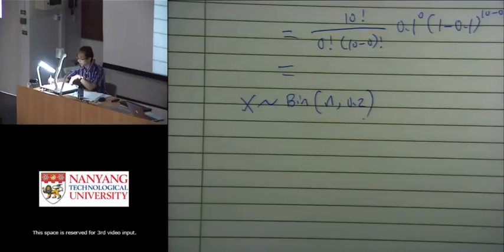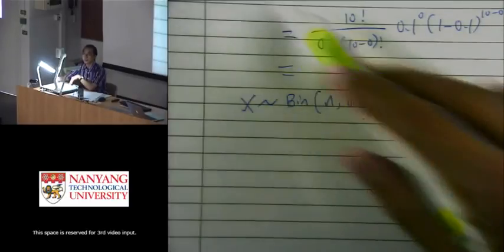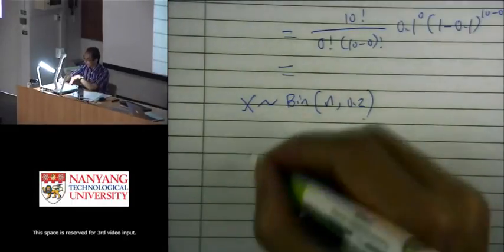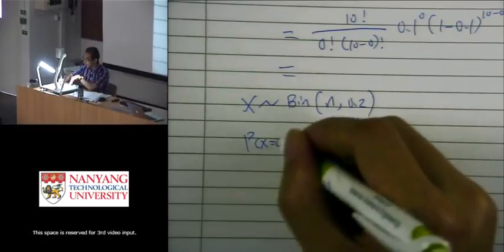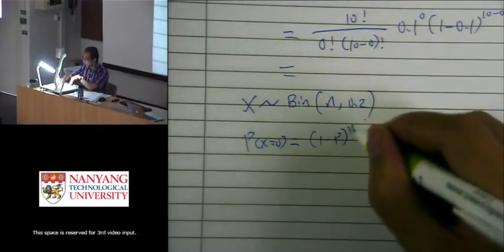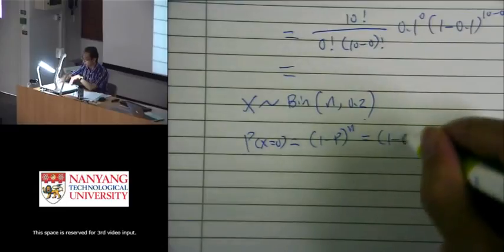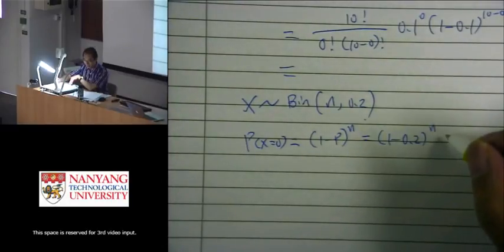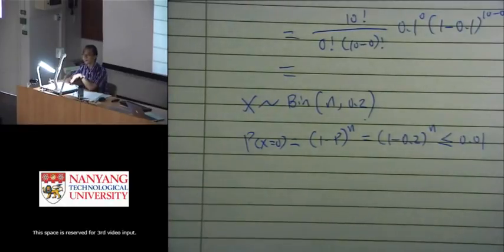So we only get (1 minus p) to the nth power left when x equals 0, right? So P(X=0) equals (1 minus p) to the nth power, which equals (1 minus 0.2) to the nth power. This probability is smaller than or equal to 0.01.